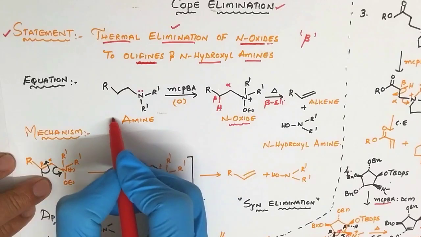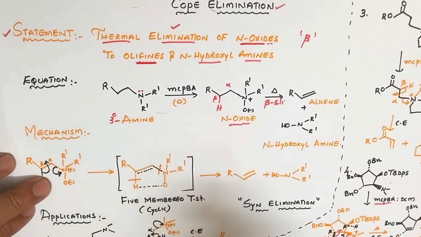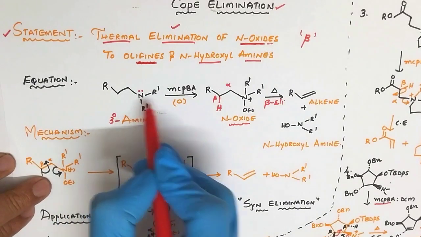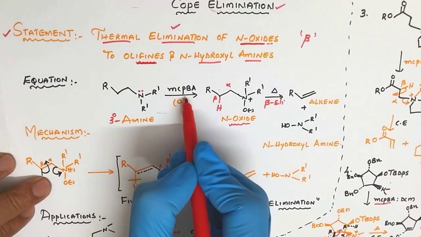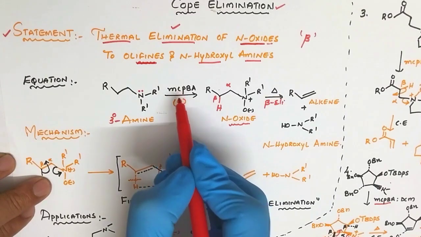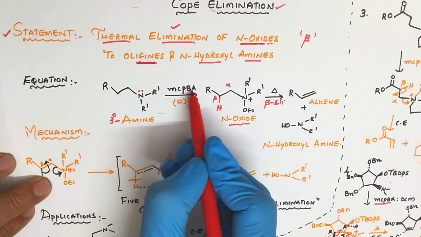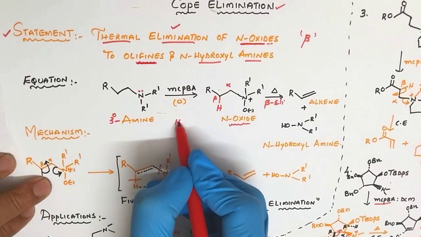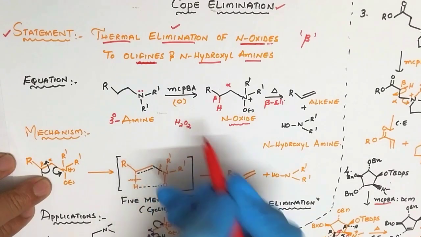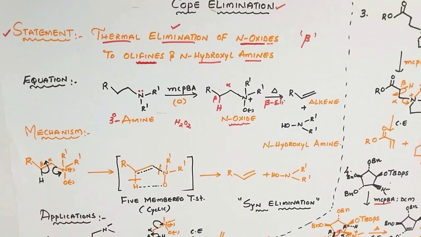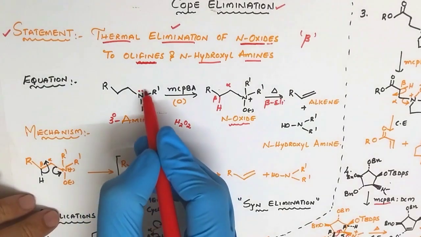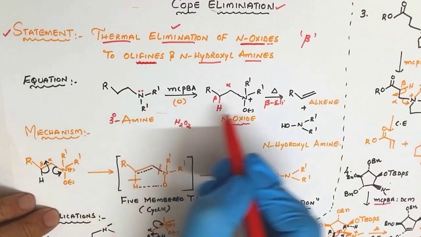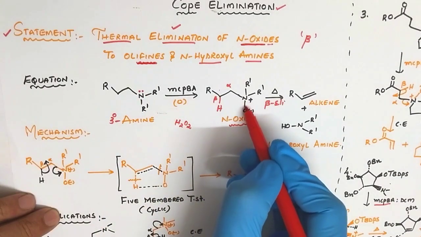Okay, so this is tertiary amine. Tertiary amine is subjected to oxidation by using a peracid, metachloroperbenzoic acid. Otherwise we can use peroxide also, H2O2, hydrogen peroxide. So hydrogen peroxide or any kind of the peracid can convert the tertiary amine into the corresponding N oxide.